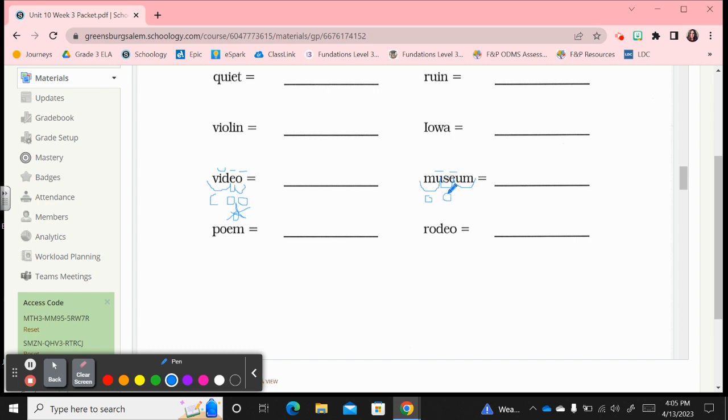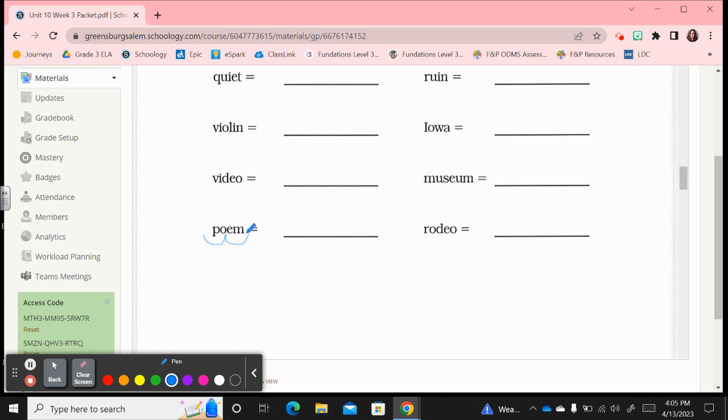And I'm going to say um is short and that's closed. But where your double vowel is right here, this E-U together. So come down in the middle there to make your double vowel exception for museum. Museum. That's a tricky word. Okay, clearing that for our last row.